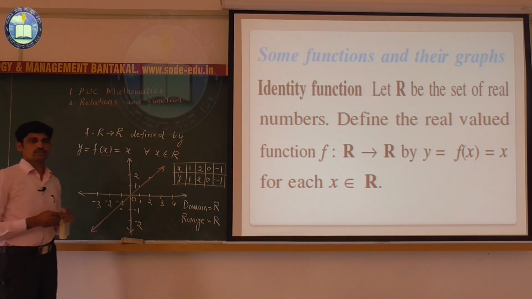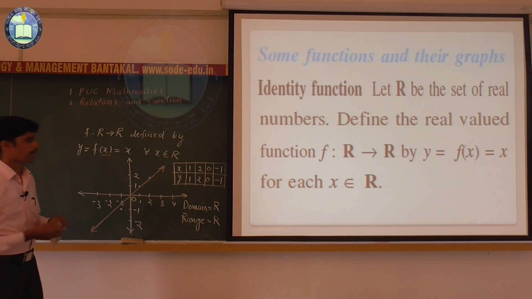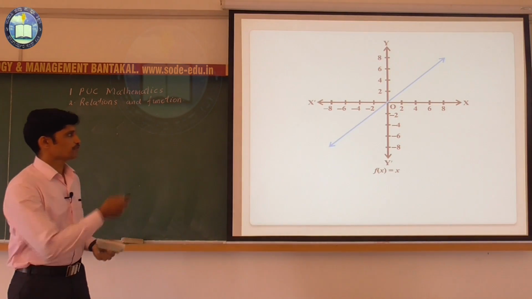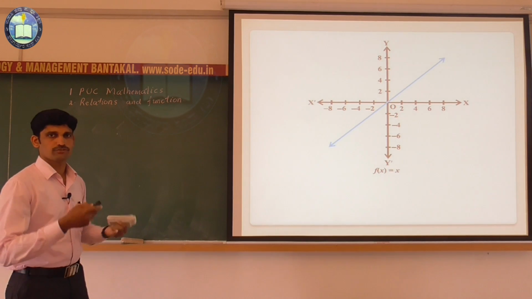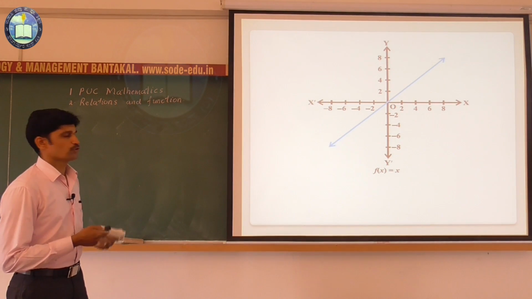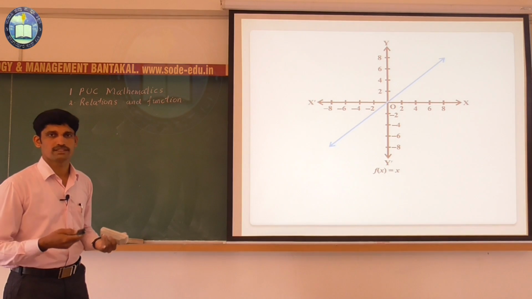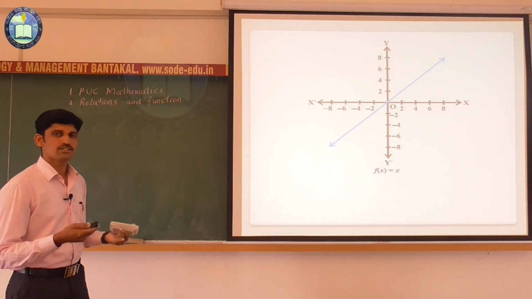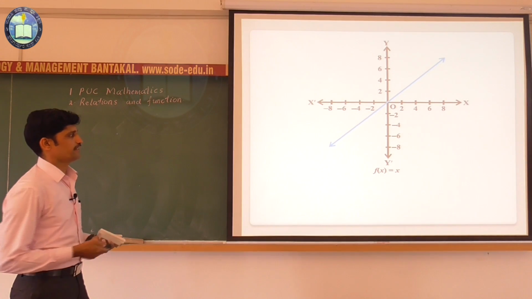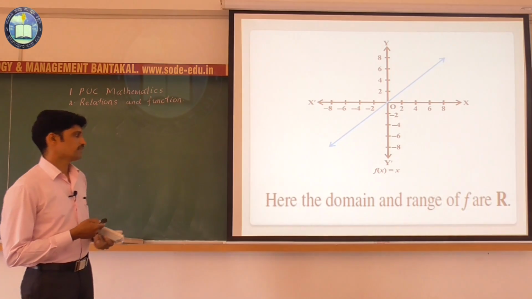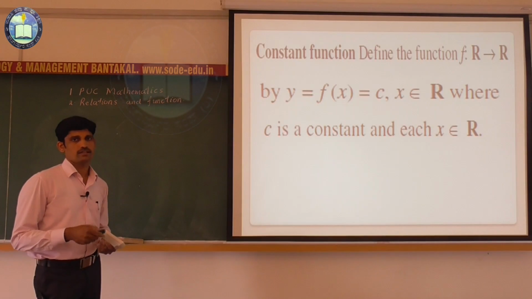So that is about the identity function. We can see the graph of identity function here. For each value of x, the value of y is also same. Therefore (1, 1), (2, 2), (3, 3), (4, 4) and so on. In general we say (x, x) is a point on that identity function. And here the domain and range of f are R.